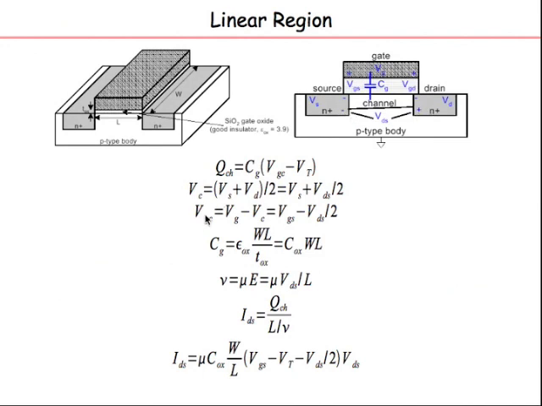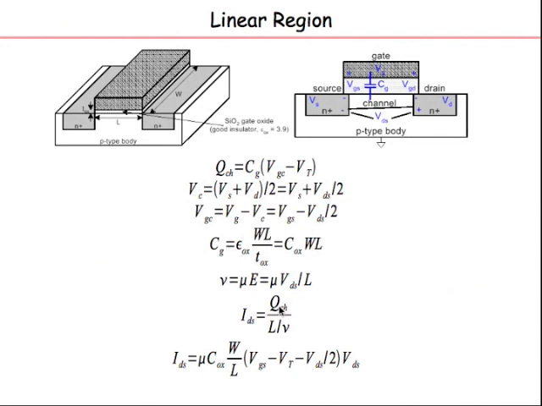And so the average gate to channel potential becomes Vg minus Vc, which is Vgs minus Vds by 2. And the capacitance is Cox WL.